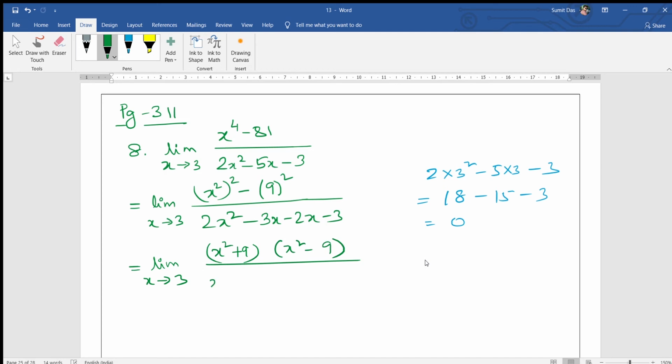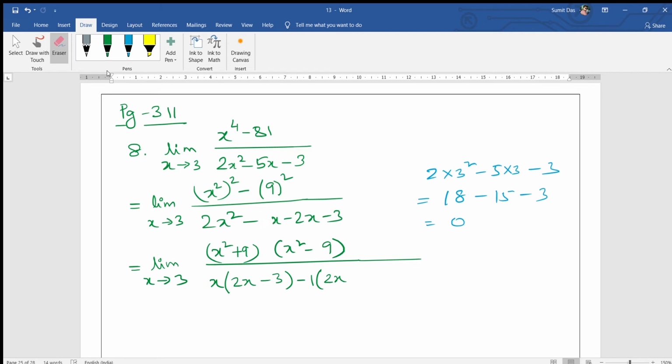For the denominator, I will take x common: 2x minus 3, and here if we take minus 1 common, it will be 2x. Oh well, we can't break 5x like this.